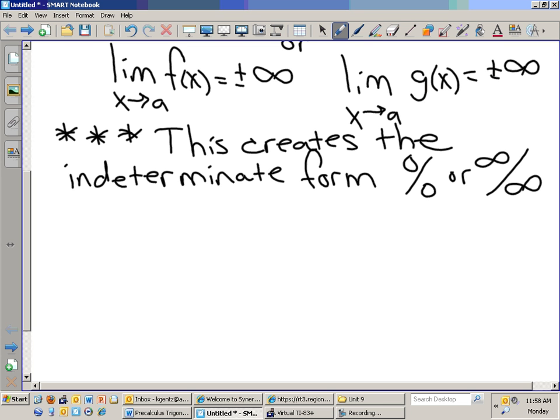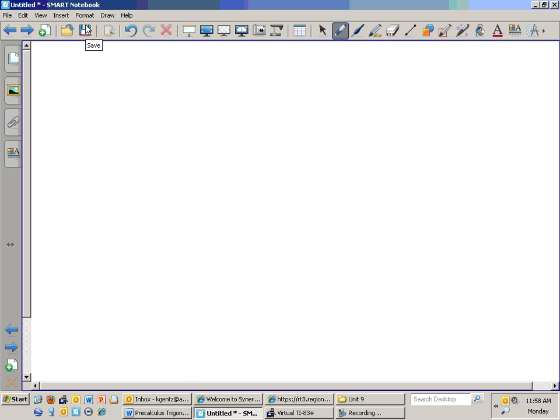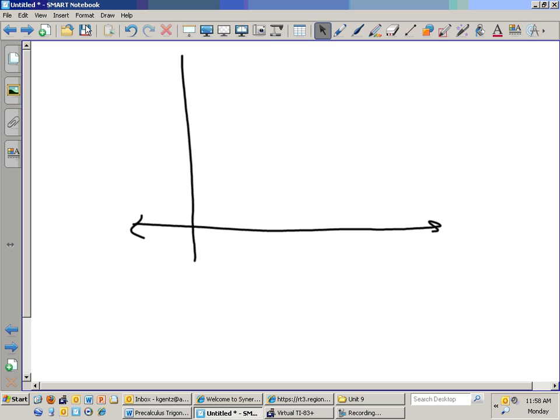Can I show you a graphical representation very quickly? This is really the chief understanding that you have to think about in this scenario. Let's suppose that I have f of x is y equals x squared.